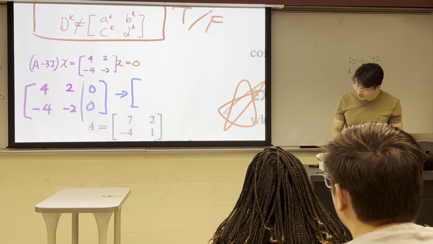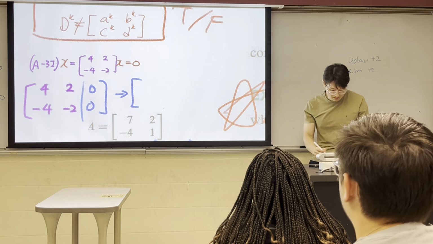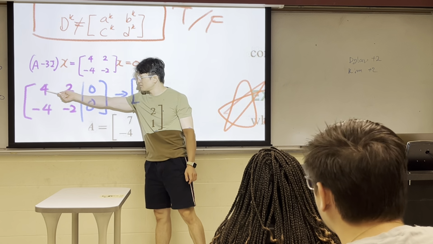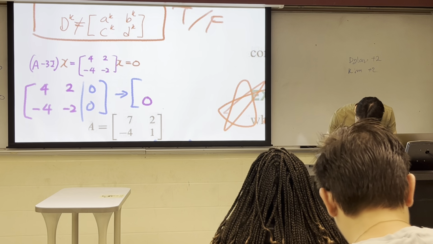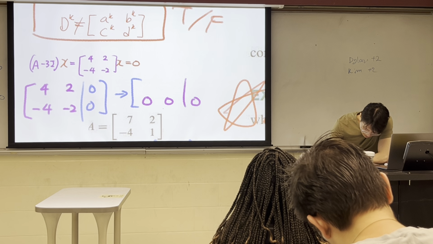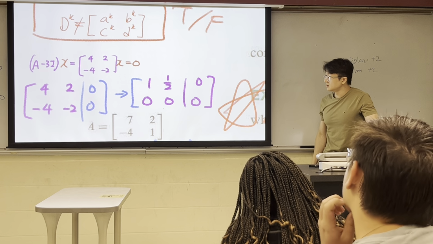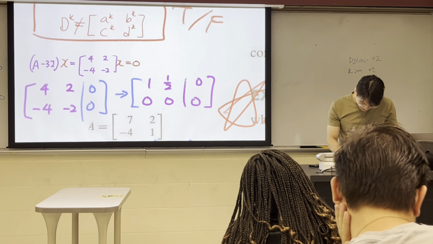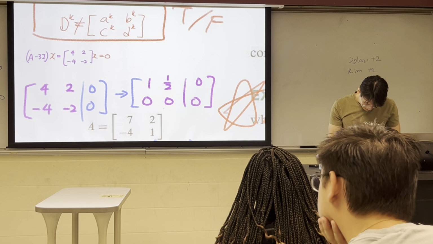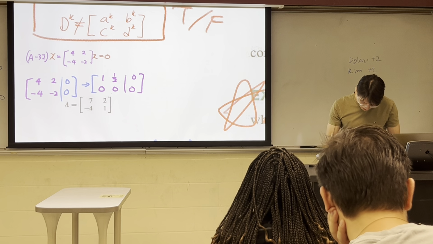Okay, so here we want to find a non-trivial solution. How do we do it? Row reduce. Obviously, I can make zeros, all zeros. What about the first row? I can just get 1, 1/2, 0. From the result of the row reduced augmented matrix, what can you find?